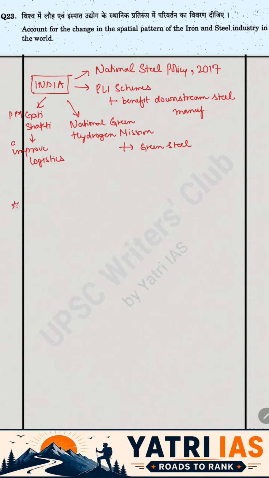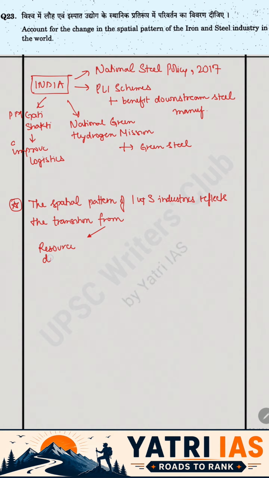And towards the end of your answer, you would mention the spatial pattern of iron and steel industries reflects the transition from source dependence to competitiveness and sustainability.